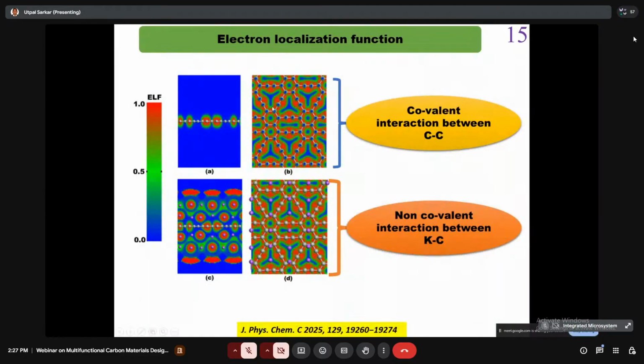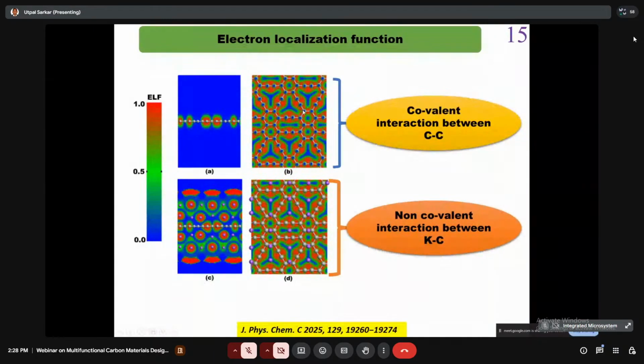Now you see that in the pristine system, the electrons are localized around these carbon-carbon atoms, and in this region the electron localization is 0, or basically delocalized.